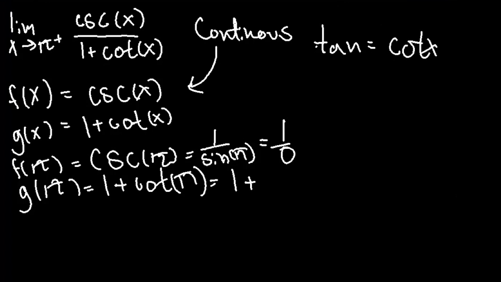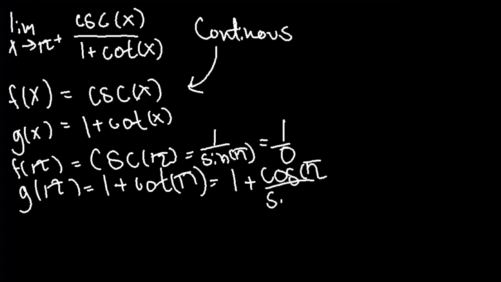Cotangent is the reciprocal of tangent of x, so we switch sine of x around with cosine. So now we have cosine of pi over sine of pi, and we'd be dividing by 0, because sine of pi is 0, so it's not going to work out. Now that we've established this does not work out, we can use L'Hopital's rule.